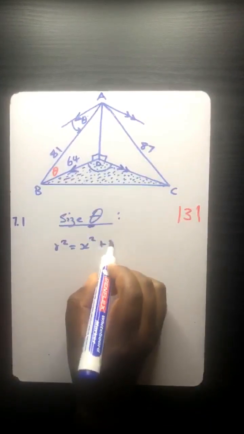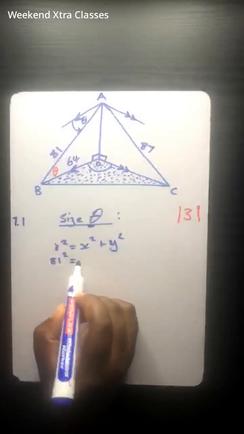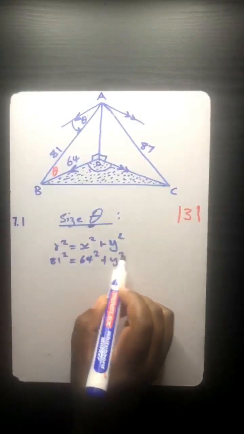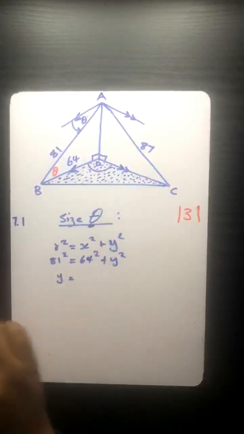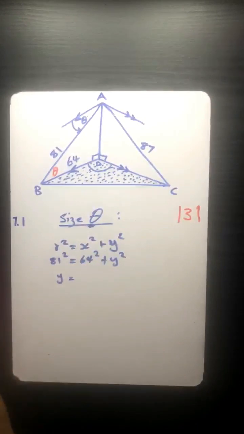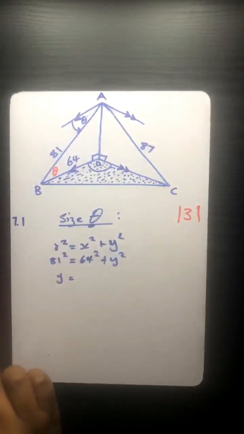Y squared, that is R, it's obviously 81 squared, which is equal to 64 squared, the adjacent, plus that. So Y is going to be equal to 81 squared minus 64 squared, and then the square root of the answer.